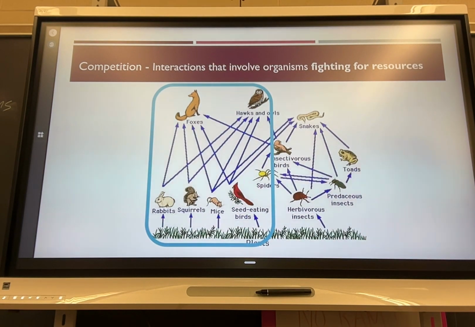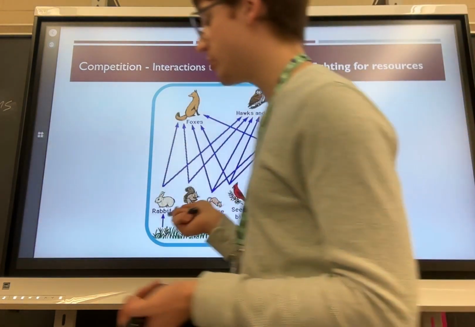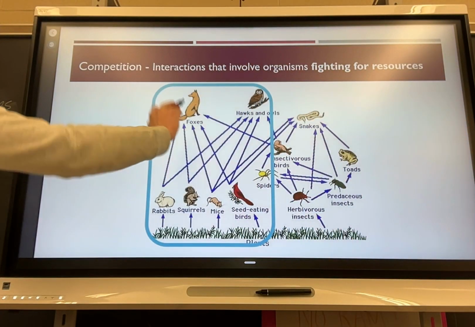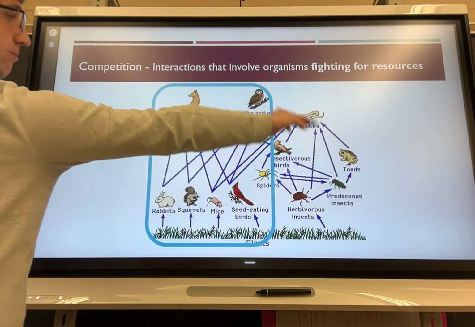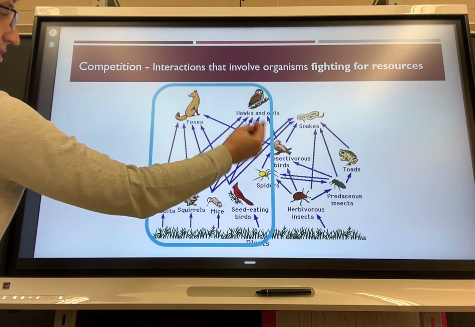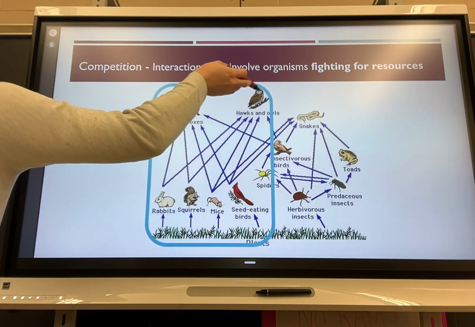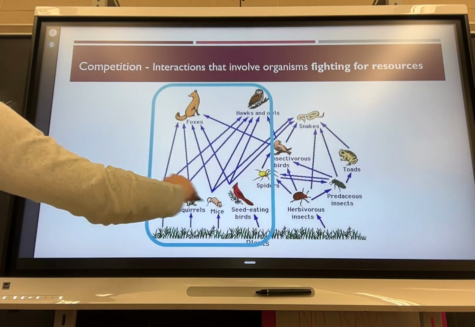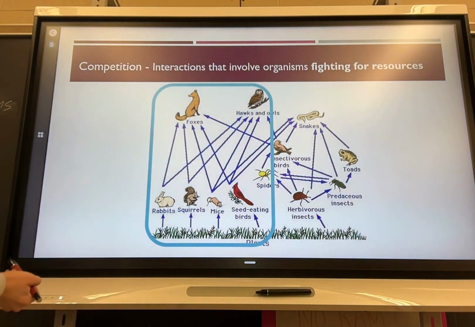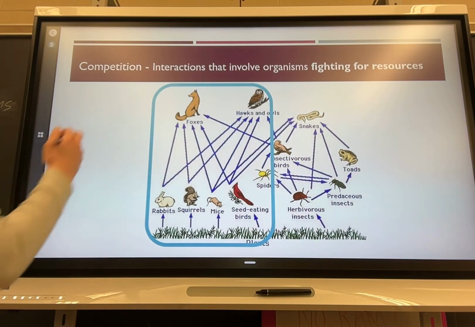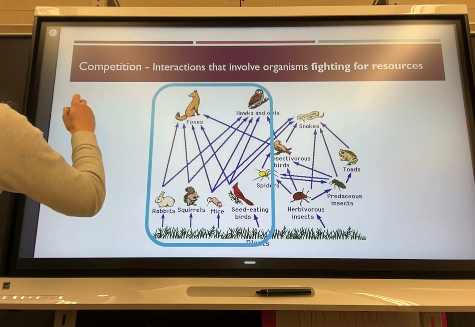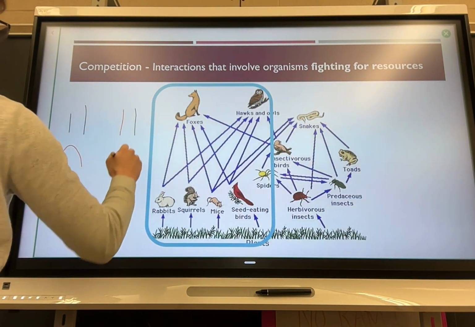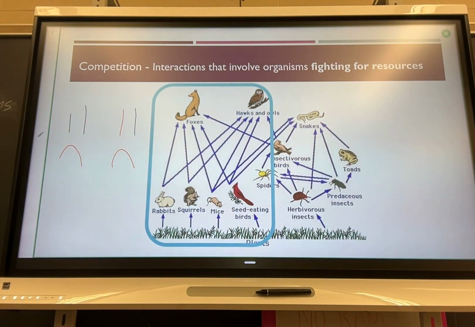The next example is competition, and this involves organisms fighting for different resources. So in this food web, you can see we have a couple different layers. We have this mix over here with the insects, the toads, the birds, and the snakes, and we also have this with all of the herbivores, the foxes, and the owls. In this case, competition is going to lead to detriments on both sides.